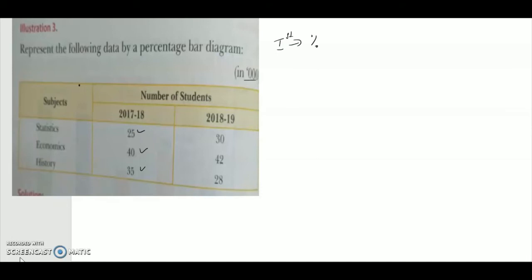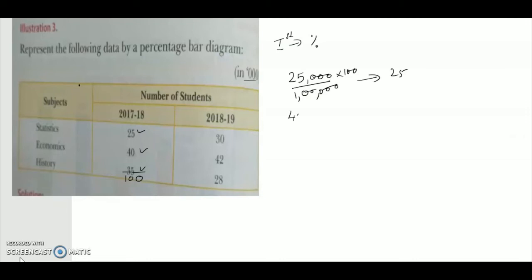So how can we find the percentage? First we have to calculate the total, that is 100. Here everything is in 1000 terms, so this is 25,000 divided by 1 lakh, into 100, then you will get 25. Okay, that is the percentage. Because of 1000 terms, all the numbers are the same.